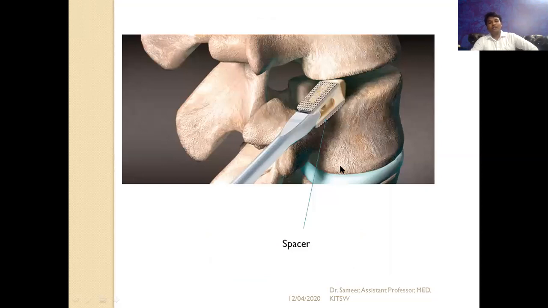In this slide, we can see a spacer is built using additive manufacturing. So this spacer will work like a bone which can withstand enough forces.